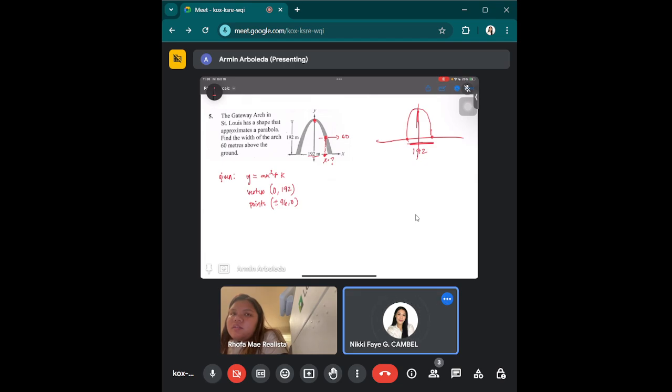From this, you have to find x at y equal to 60, or the width at 60.